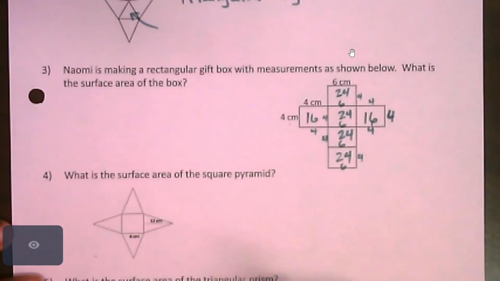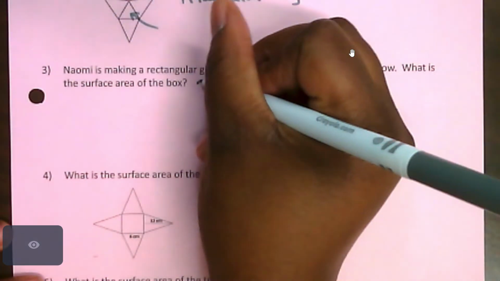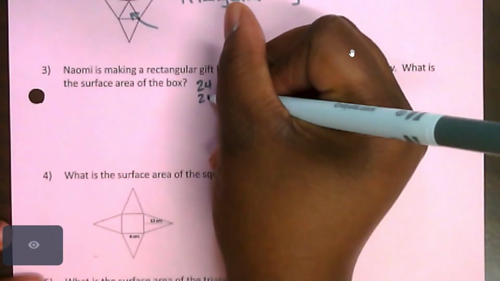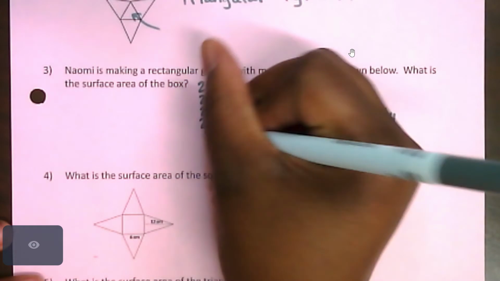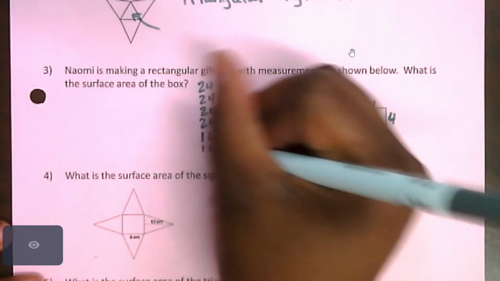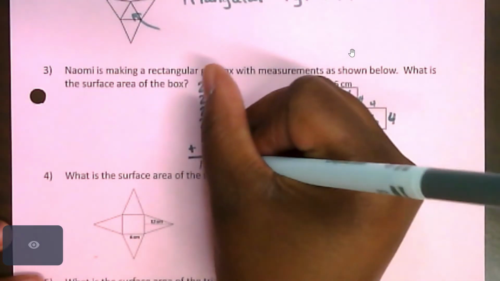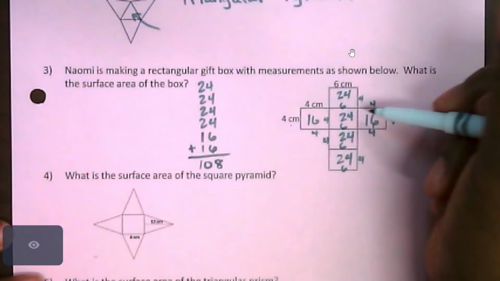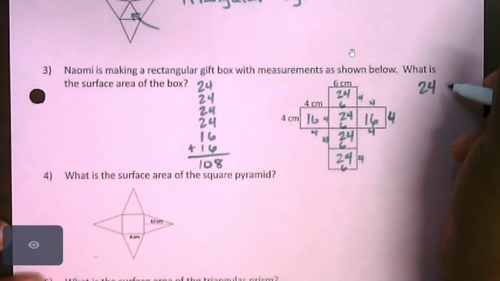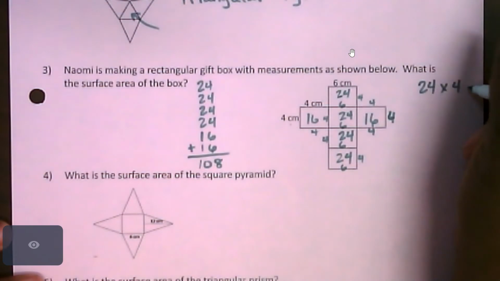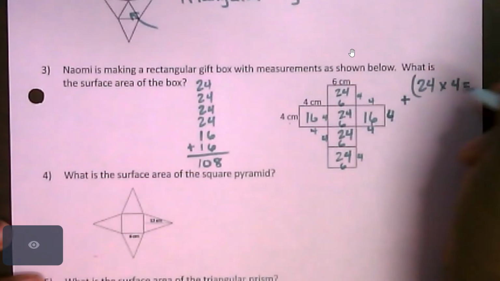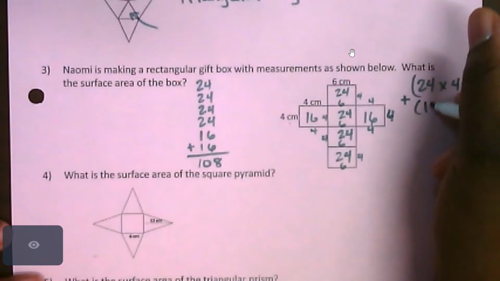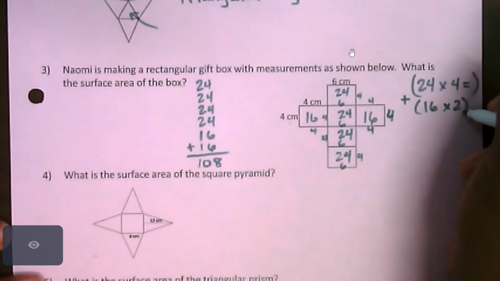All right. Now I'm going to add all of these together. That will be your 24 plus 24 plus 24 plus 24 plus 16 plus 16, which gives you a total of 108. Or you could have just said 24 times 4 and gotten your answer, and then plus your 16 times 2.